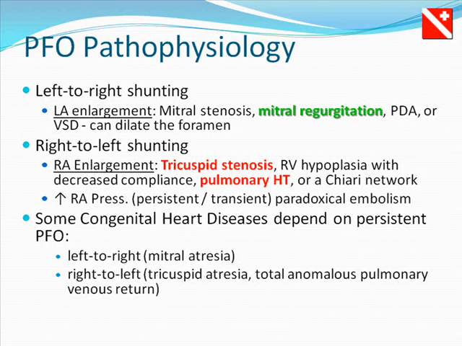Conversely, on the right side, if we have stenotic lesions and pulmonary hypertension, those would then produce right atrial enlargement and again possibly precipitate right to left shunting. As you know, sometimes if you've got a congenital heart defect, you need your PFO to basically keep mixing things up so that you can survive with a malfunctioning pump.